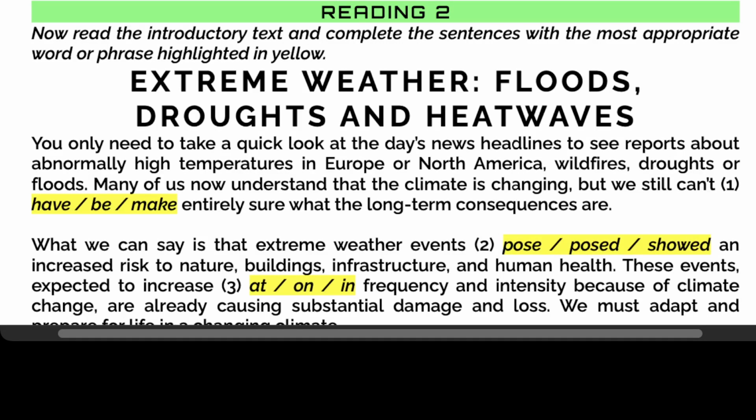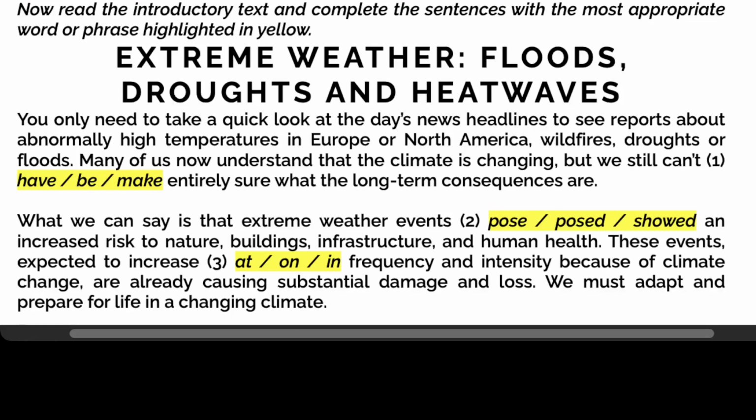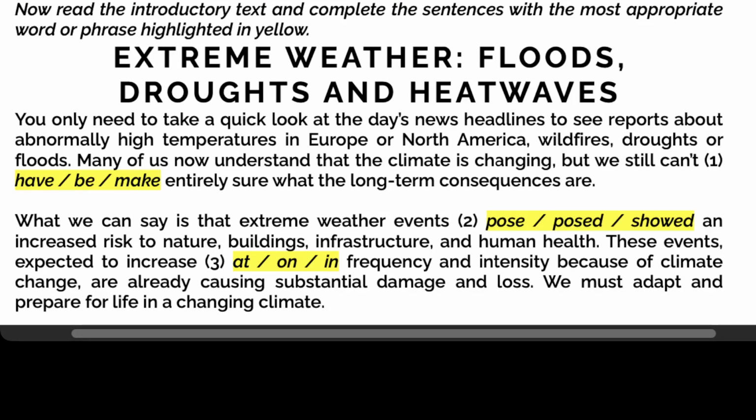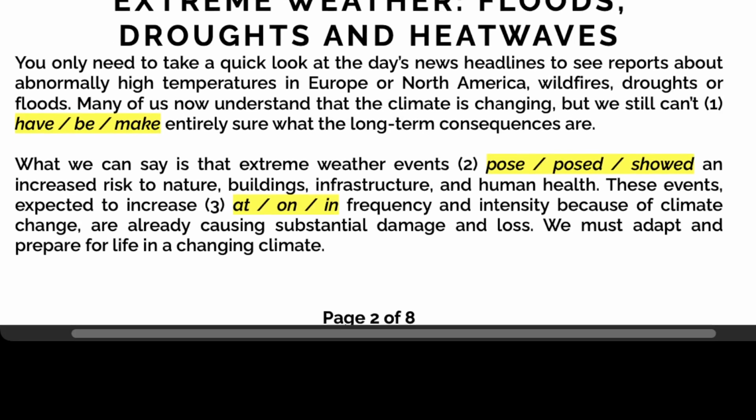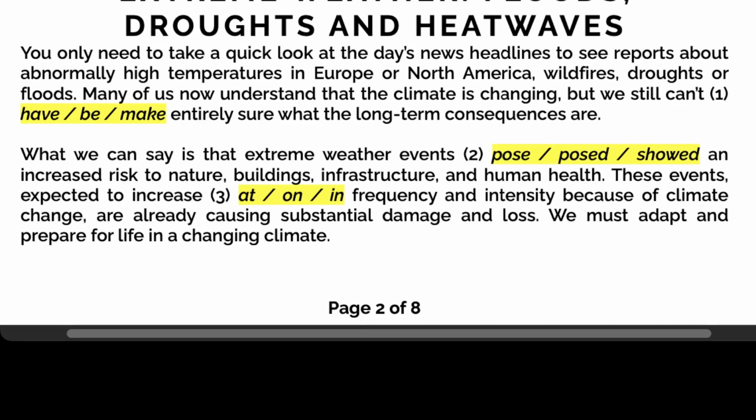So here you have to read the introductory text and complete the sentences with the most appropriate word or phrase highlighted in yellow. So here we're looking at extreme weather, floods, droughts, and heat waves. And if you don't know what any of those things are, then of course I'll explain them to you. But let's study this. So what's the exercise here?